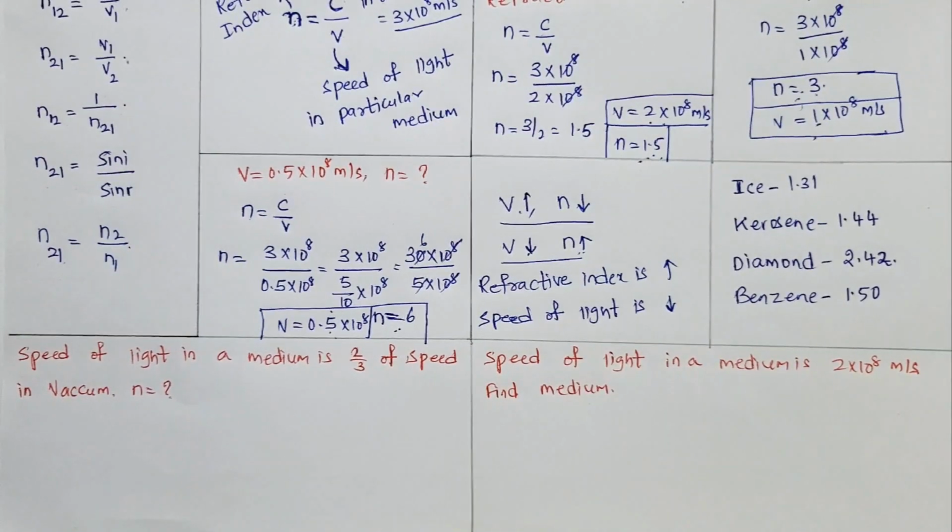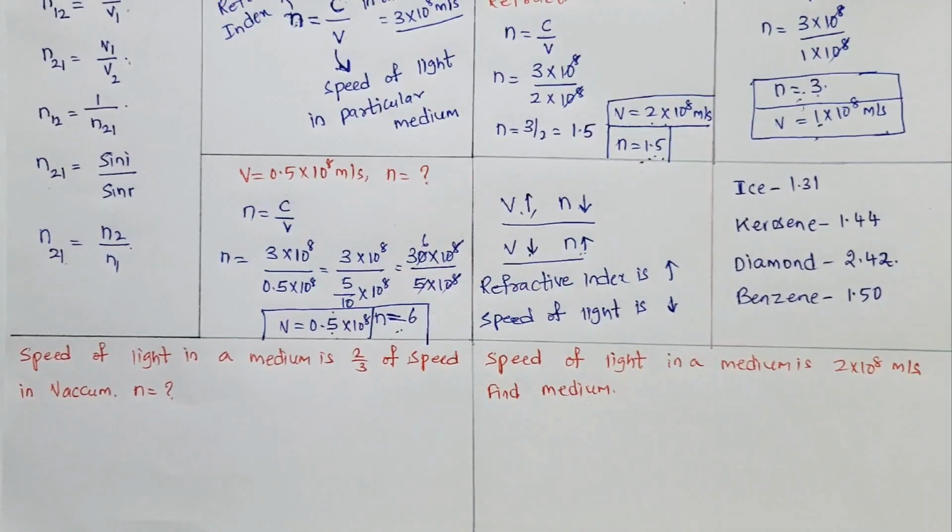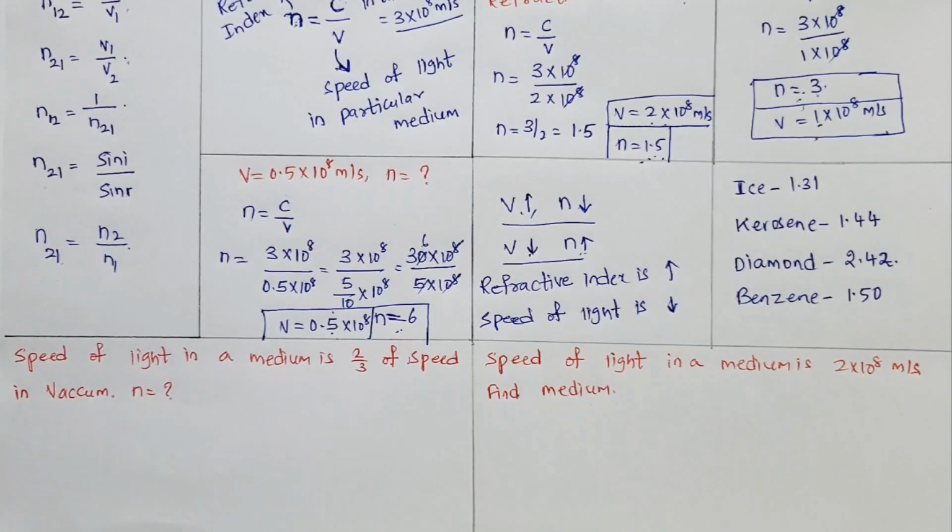So as the refractive index of any medium increases, the speed of light in that medium will decrease. Higher the refractive index value, lower the speed of light in that medium.